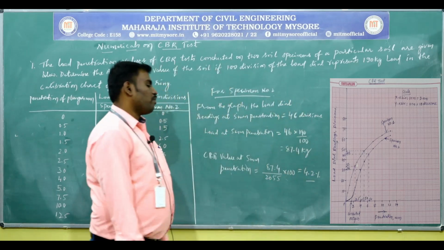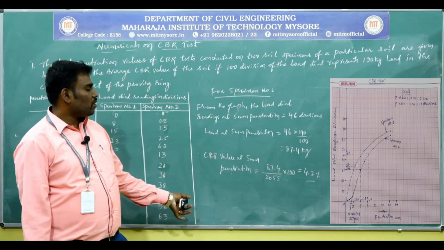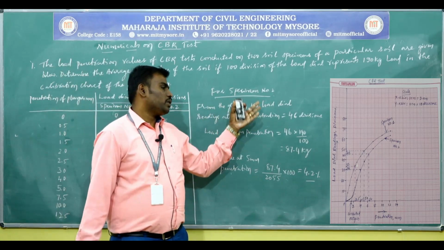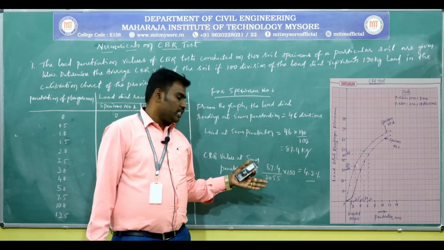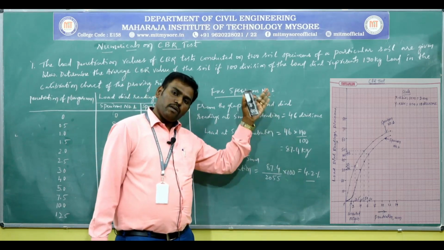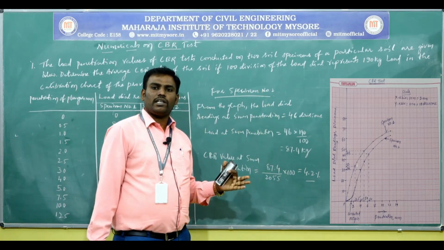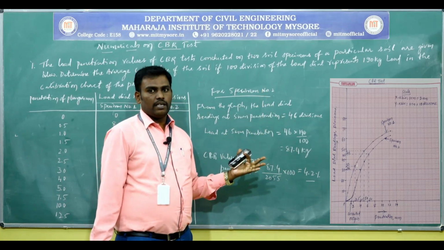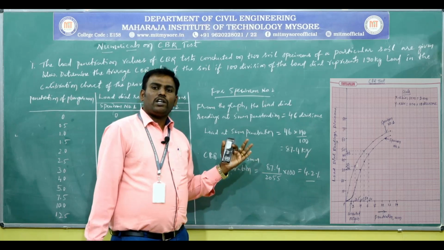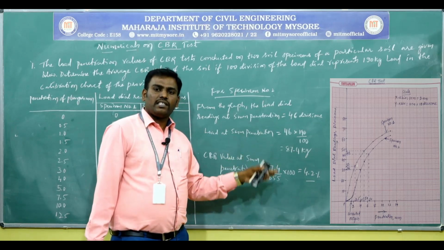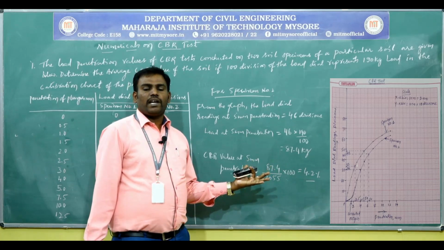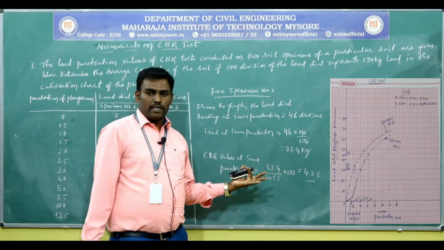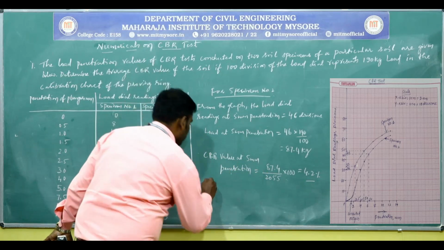So, you may observe here for specimen number 2, the CBR value at 5 mm penetration is 4.2%, and the CBR value at 2.5 mm penetration is 4.3%. This means the CBR value at 2.5 mm penetration is higher than at 5 mm penetration. Therefore, the CBR value adopted is 4.3%.